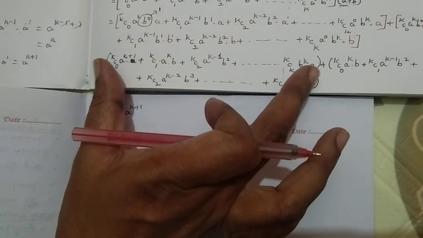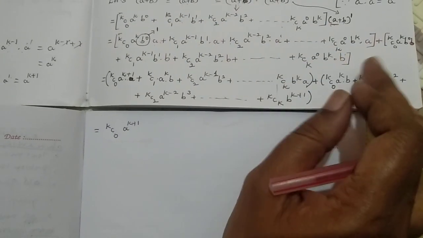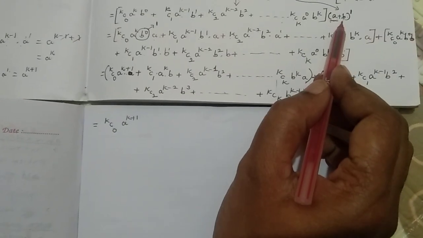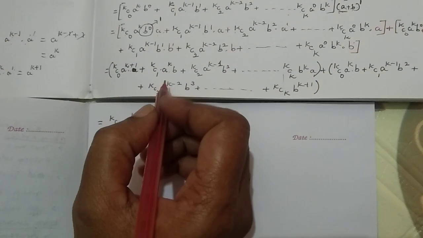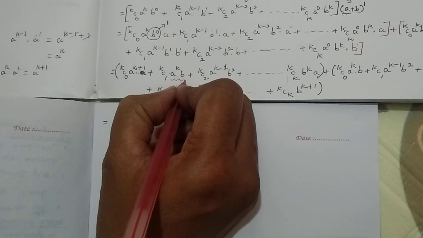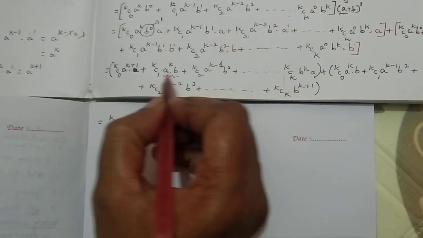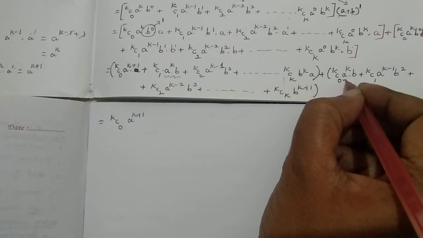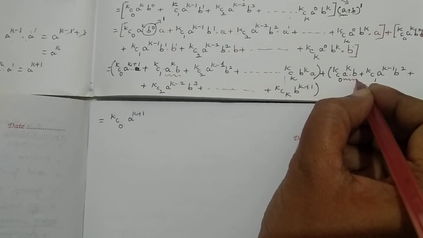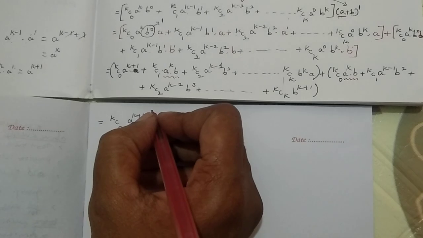The first is a multiplication of the a coefficient and the second is a multiplication of the b term. That is why we have two terms. A to the power of k into b is one common term, and the second product also has a to the power of k into b. So two common terms are there.